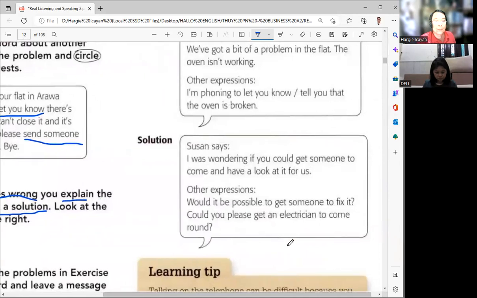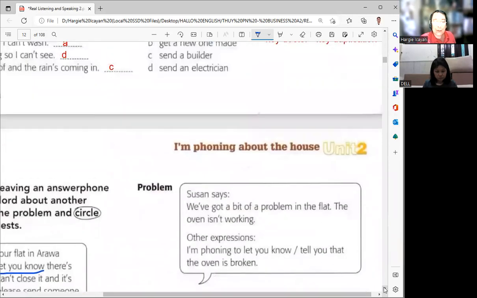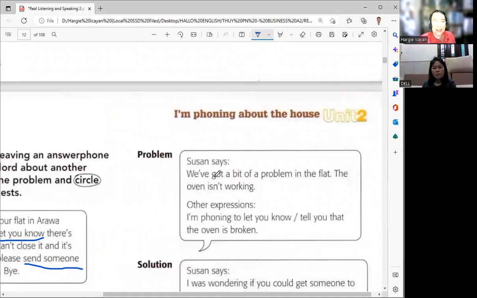Or you can also use this one, Toy. Like for example, this one is the problem. Let's say, hi, I'm Toy. We've got a bit of a problem in the flat. The oven isn't working. I'm phoning to let you know.